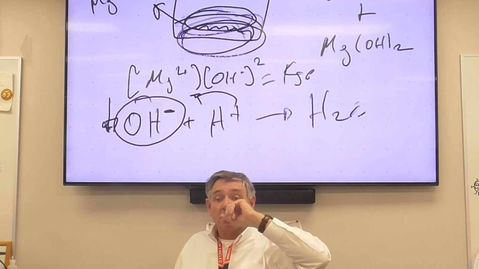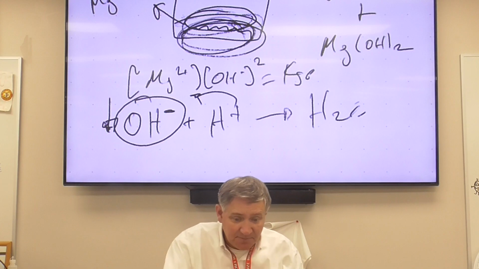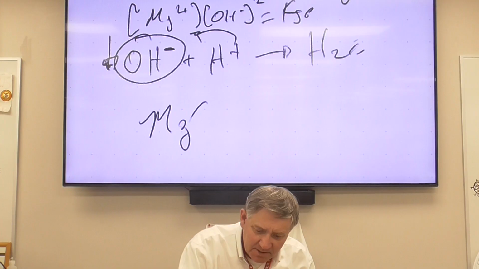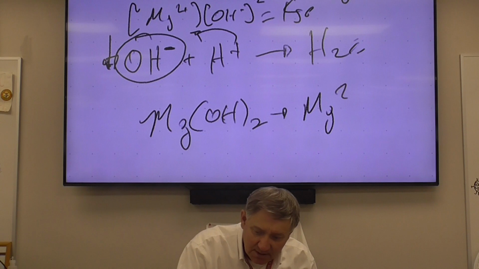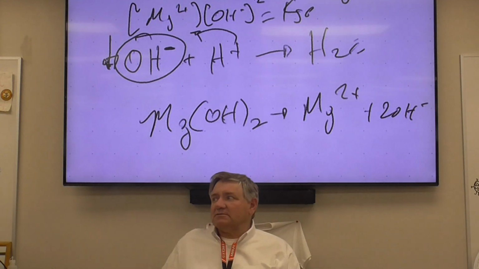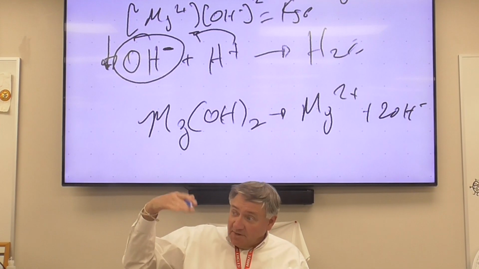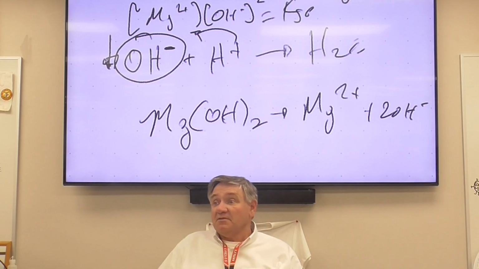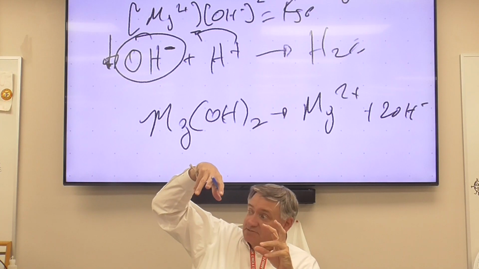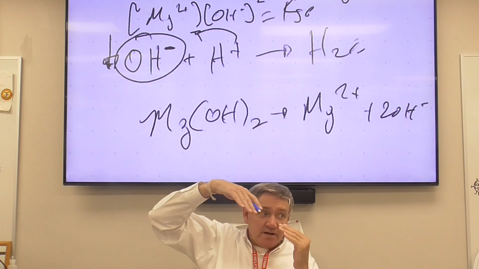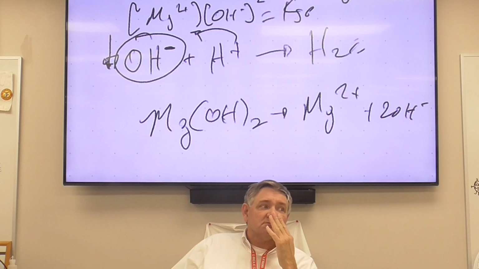So the magnesium hydroxide precipitate is going to change from being a precipitate into ions of magnesium and hydroxide. This is why when I added those first couple of drops, there was still some precipitate in there, because that means the solution up above was still saturated. But as I added more and more, it eventually said, whoa, this is not good.